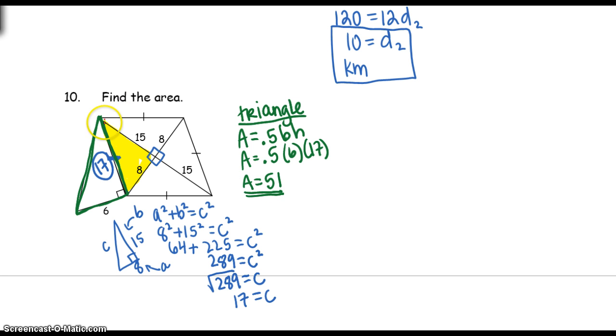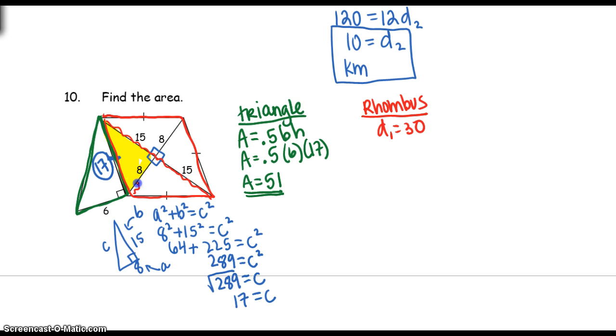Then we have this slick little guy right here, this rhombus. How do I know it's a rhombus? All the sides are congruent. Yep, that's right. So that's how I know it's a rhombus. And I think we know enough about the diagonals. It looks like diagonal 1 right here would be 15 plus 15, which is 30.